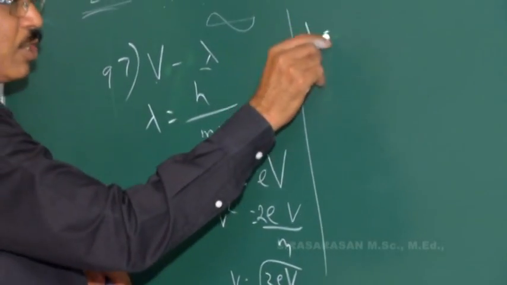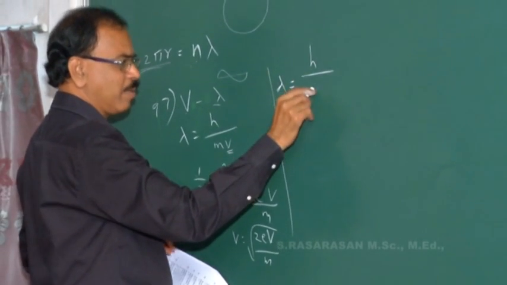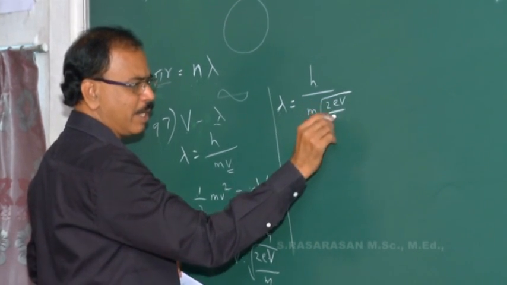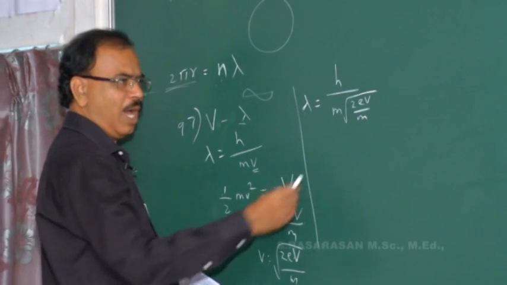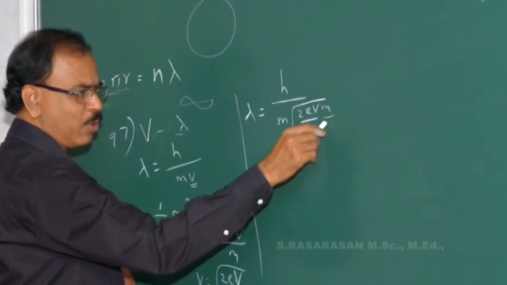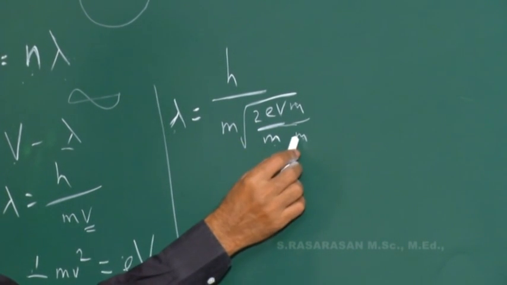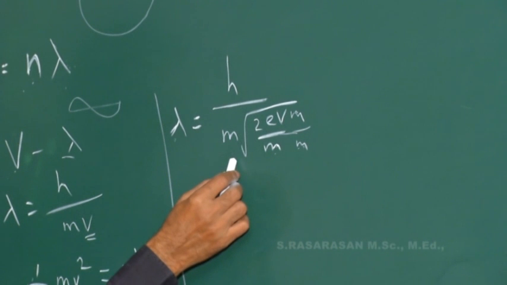So lambda is equal to the de Broglie wavelength, h, Planck's constant, by m into v. Instead of v we can substitute root of 2eV by m. Or multiplying by m by m, the result is not affected. Taking m into m square root gives m, so this m and that m cancel.